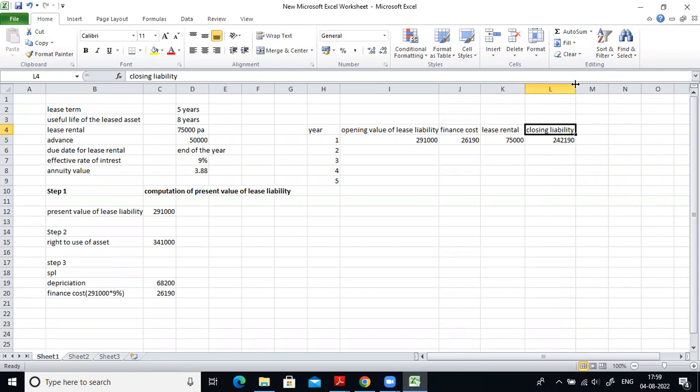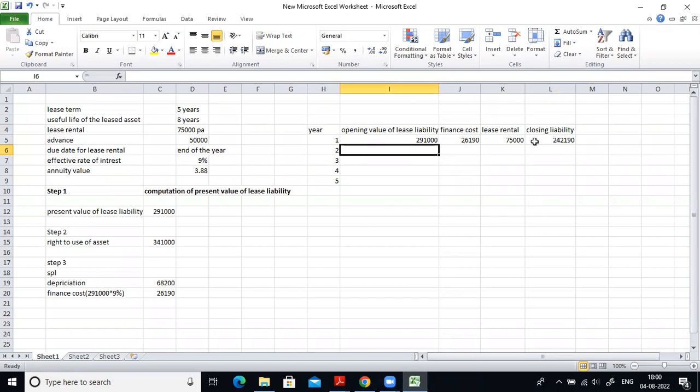Now in this 2,42,190, we need to separately show what is the non-current element and what is the current element. So when you are paying the lease rental in arrears, in order to compute this non-current liability, you should compute the closing liability for the subsequent period.